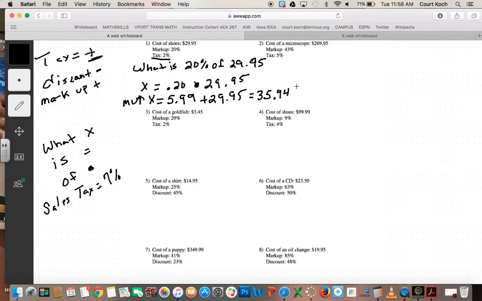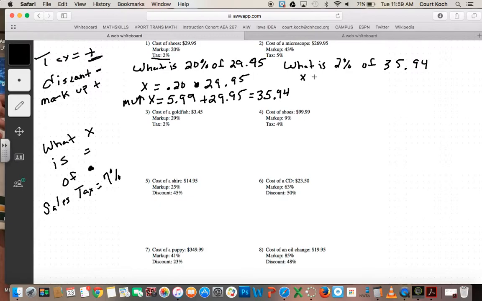So that means I need to go back through and start my new problem and figure out what is 7% of that. So what is 7% of this number, 35.94? Turn it into that percent equation.